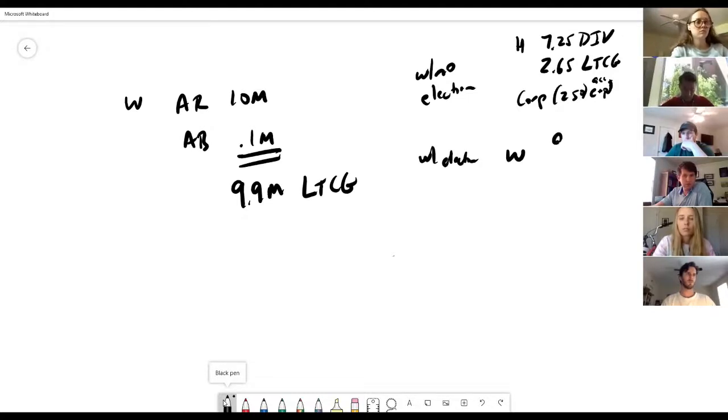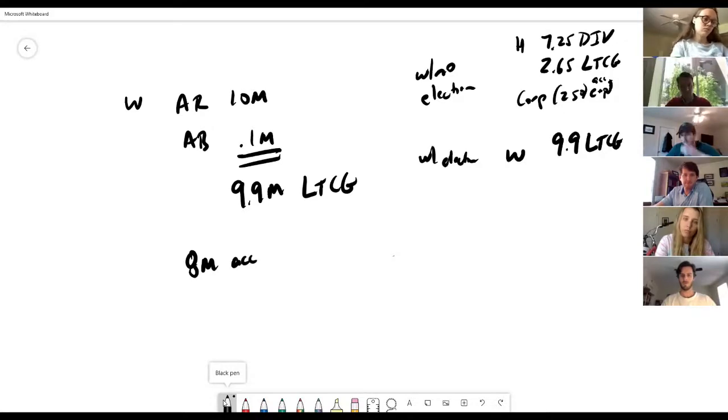W is going to have 9.9 million of long-term capital gain. The accumulated E&P at the time of the redemption was the accumulated E&P at the end of the year, remember, it was 8 million positive accumulated minus 1 current.